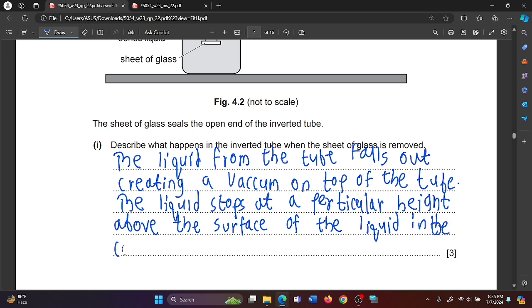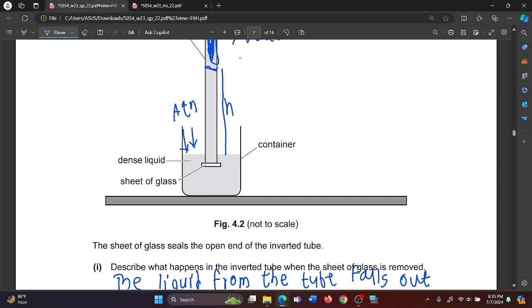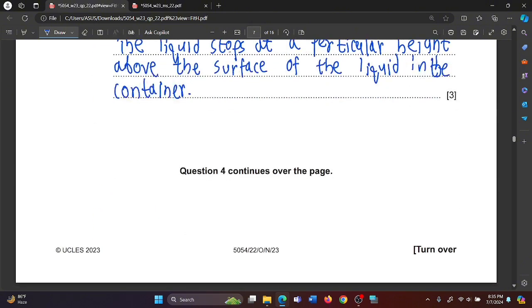So one more thing we can write is that the pressure due to the liquid is equal to the atmospheric pressure. The pressure due to that much height of the liquid is equal to the atmospheric pressure. Like the pressure due to the liquid of this height H is equal to the atmospheric pressure. That's what we need to write. So let's write it.